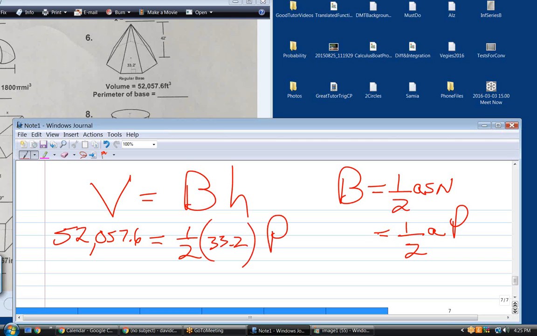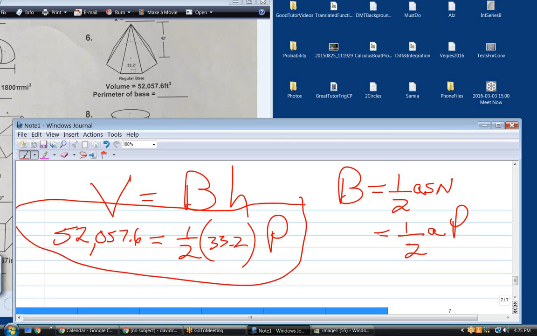Since they're asking for the perimeter, we don't care. In other words, I don't need to know how many sides there are or the side length if I use this formula over here. So it's a good one to know, because I've seen other problems like this where they're asking for the perimeter and they draw it in such a way that it's very difficult to figure out what the base surface is even.